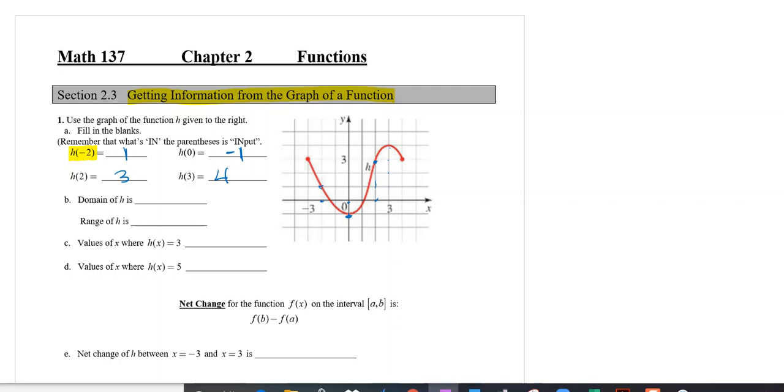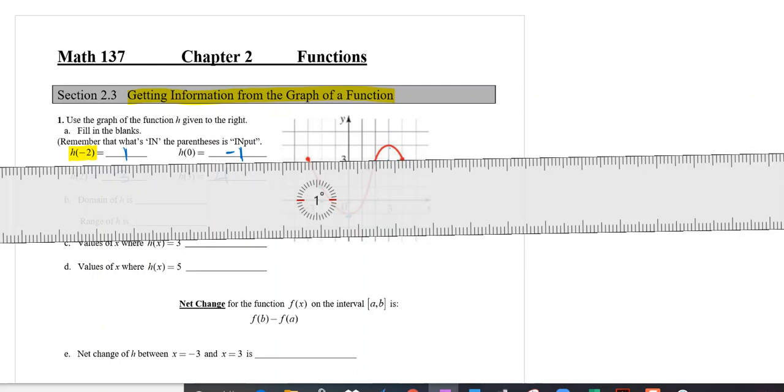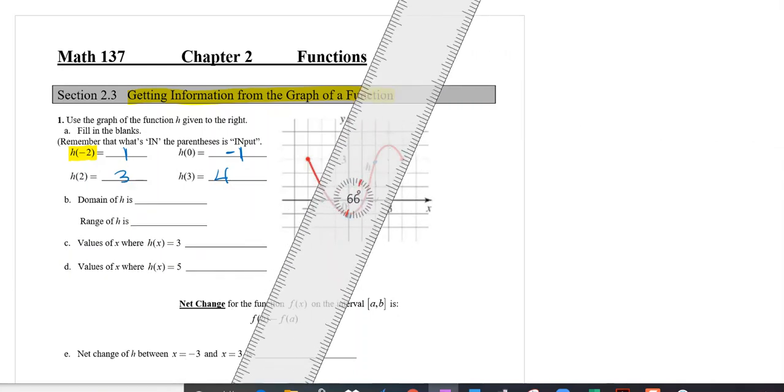Remember that for the domain of the function, we sweep in the horizontal direction along the x-axis. Think about as I move from -infinity to infinity along the x-axis, what points on the graph would correspond with the values on the x-axis? What x values do we get? So I also did this with a ruler.